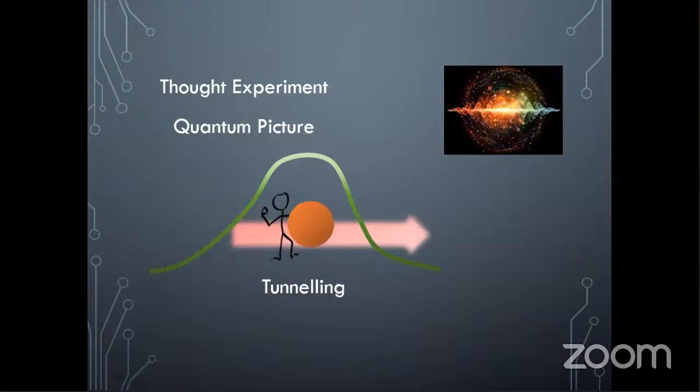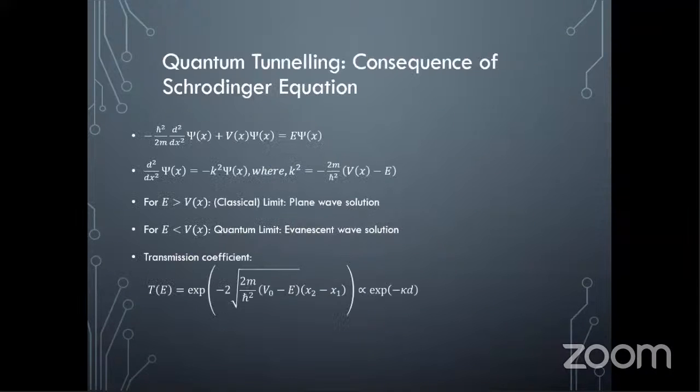Now, what I mean by tunneling, I'll just come to that. This is just cartoons to give you the idea that one can tunnel through this barrier, and the idea of tunneling is just a consequence of the Schrodinger equation.